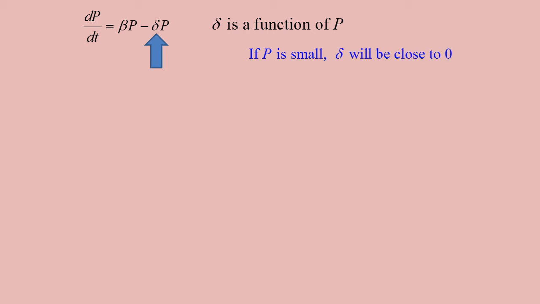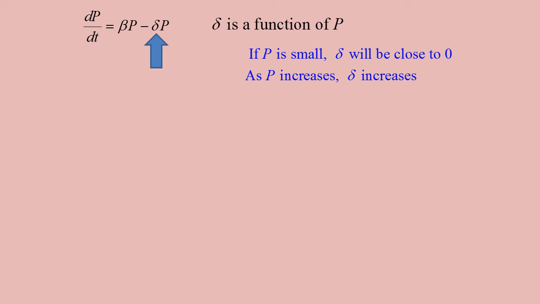Now we'll start off by making the observation that the death rate we like to think of as a function of the population. So if we have a small population, we're going to have a small death rate. But as the population grows, the death rate also grows. The more things there are, the more disease, the more struggle for food and things.